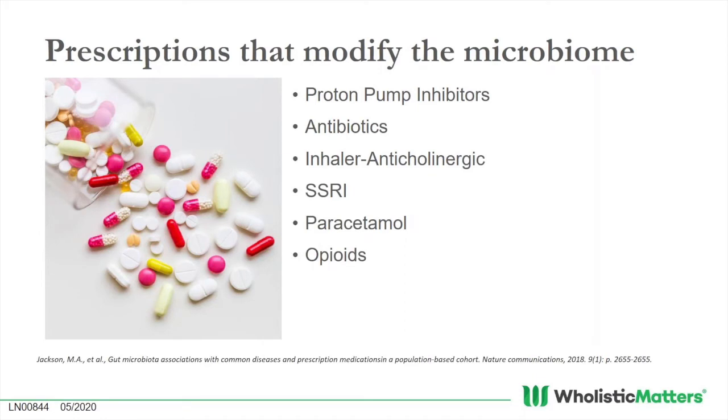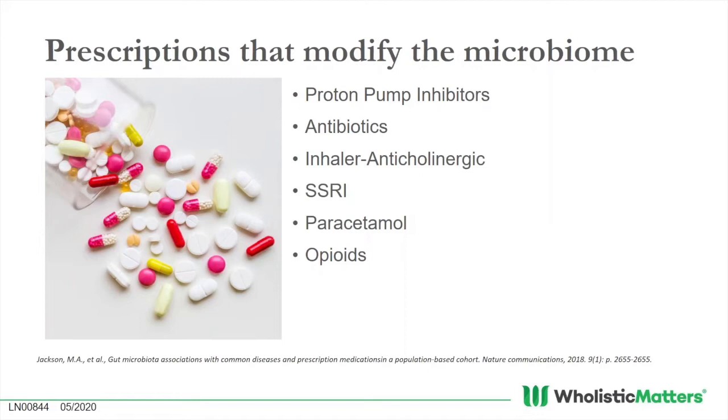For prescriptions that are able to modify the microbiome, you have things like proton pump inhibitors, antibiotics, inhalers, SSRIs, paracetamol, opioids. This study was actually able to outline a lot of the really common pharmaceuticals that are used and how much they can impact the different microbial profiles.